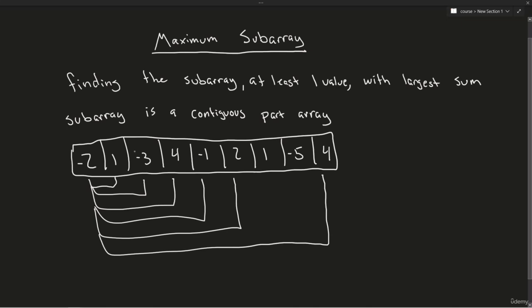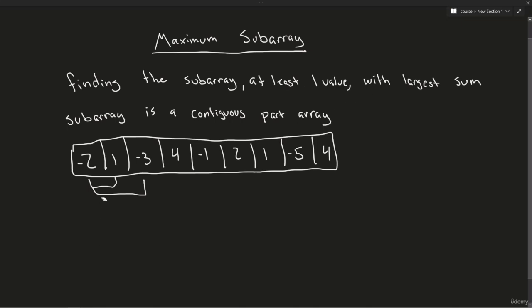So what we want to do is find a subarray in this array which is at least one value with the largest sum. So there's a couple of different approaches that we can look at, but let's try to do one of the most efficient, and let's go with the linear solution. And what we'll do is we're going to start at -2, and so obviously we have -2 here.